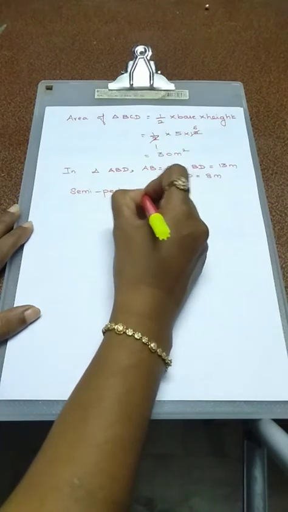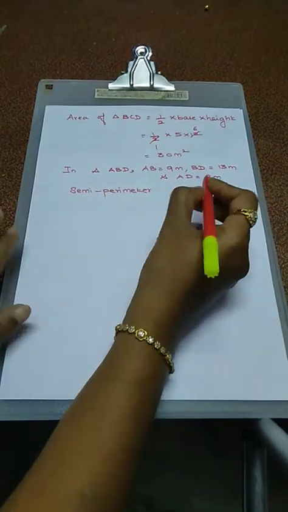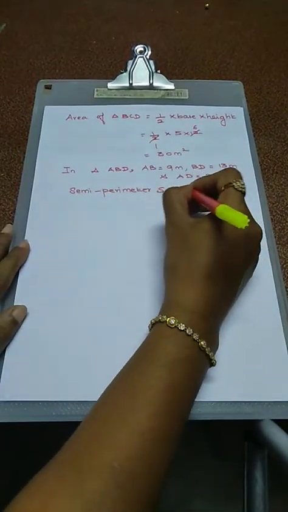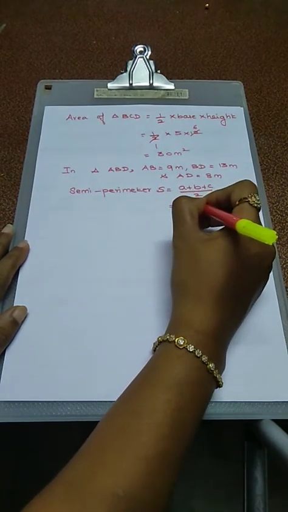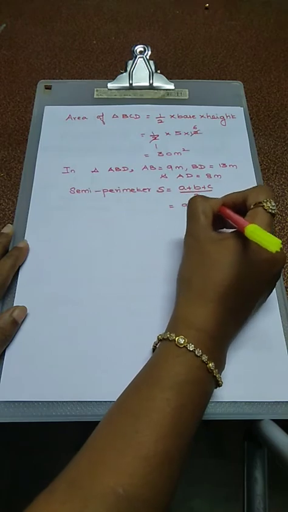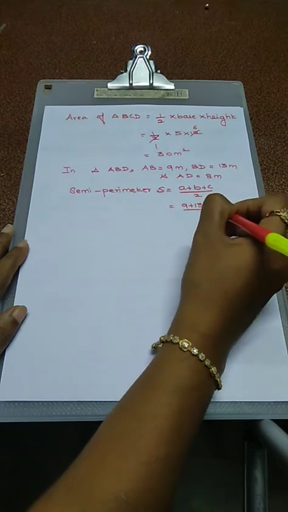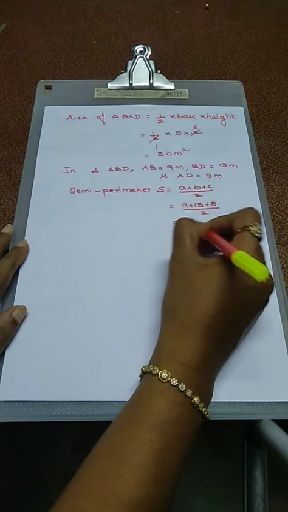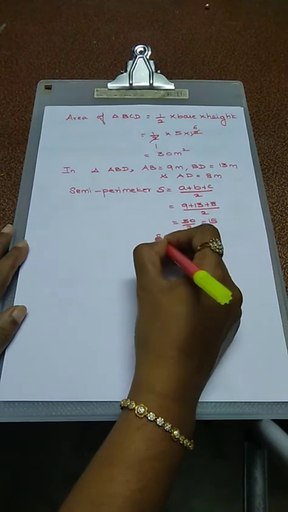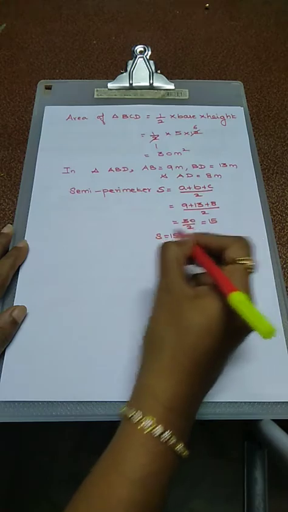The semi-perimeter formula is S equals A plus B plus C divided by 2. So 9 plus 13 plus 8 divided by 2. The value is 30 by 2, that is 15. So S is equal to 15 meter.